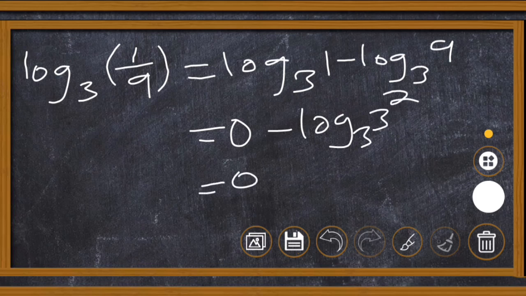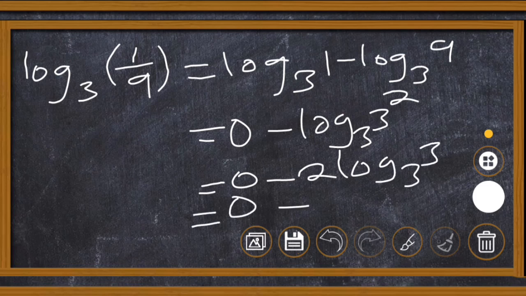So we're going to have 0 minus log 3 of 3 power 2. This power is going to come to the front. So we're going to have 3 and 3 there, so we are going to have 0 minus 2. Whenever we have the same values here, by the rule, we always have 1.